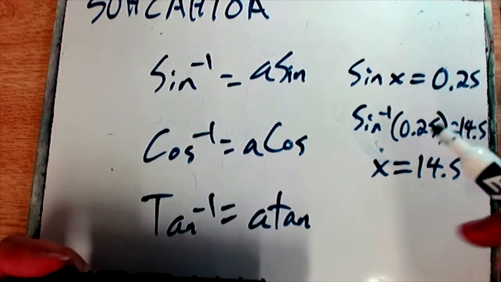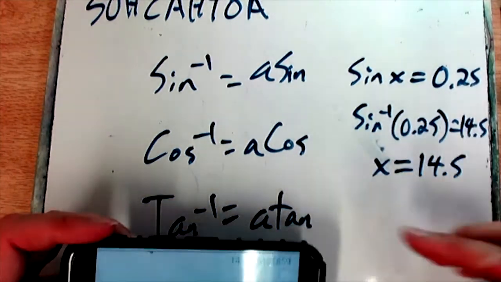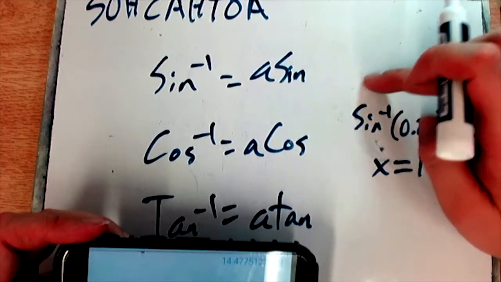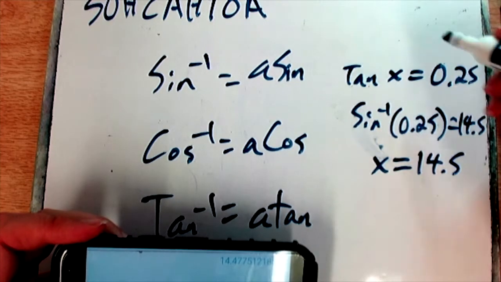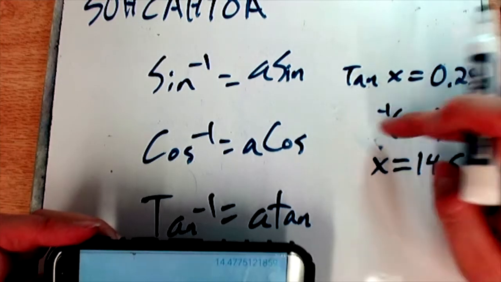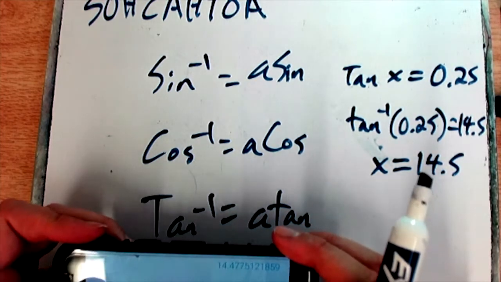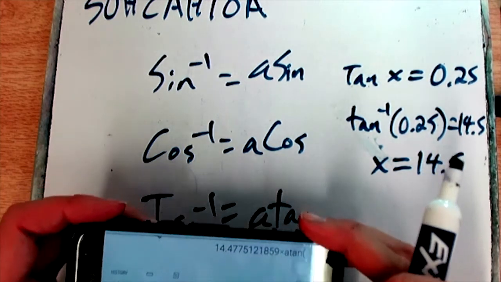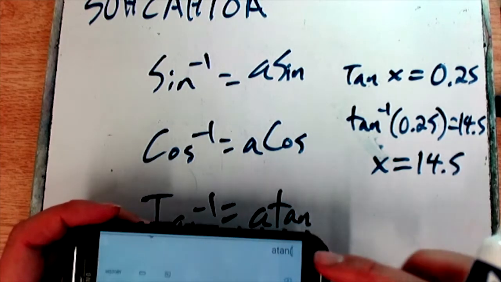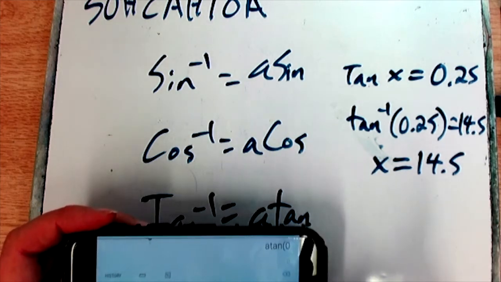Now, that second function works for cos, and also for tan. So if it was, for example, tan of x equals 0.25, then I would have to hit second tan, or tan to the negative 1 of 0.25.